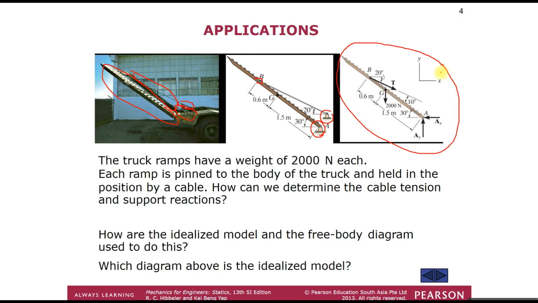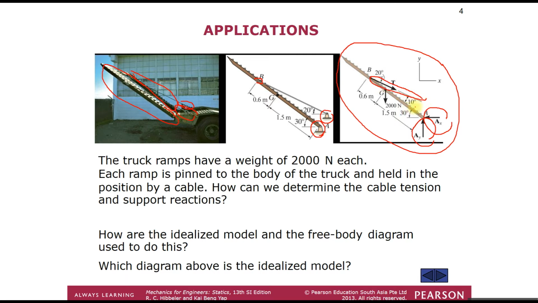The third drawing is what we call the free body diagram, in which we remove the support itself and change it to a representation. We have AY and AX that represent the support of the ramp, and also T, which is the tension in the cable that's holding it.